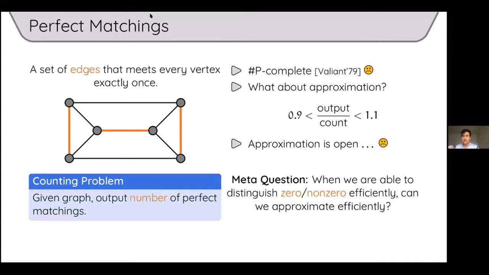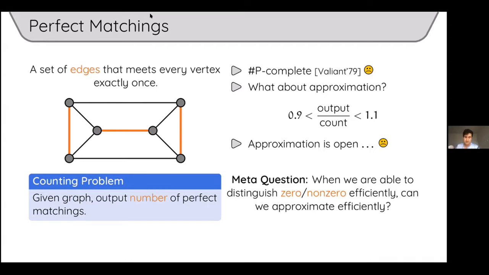One of the important aspects of this question is this general meta question: if you want to be able to approximately count the number of some combinatorial structure like perfect matchings, you had better at least be able to distinguish the case where the number is 0 or not, right? Because if your approximation is multiplicative, you are already distinguishing that number.